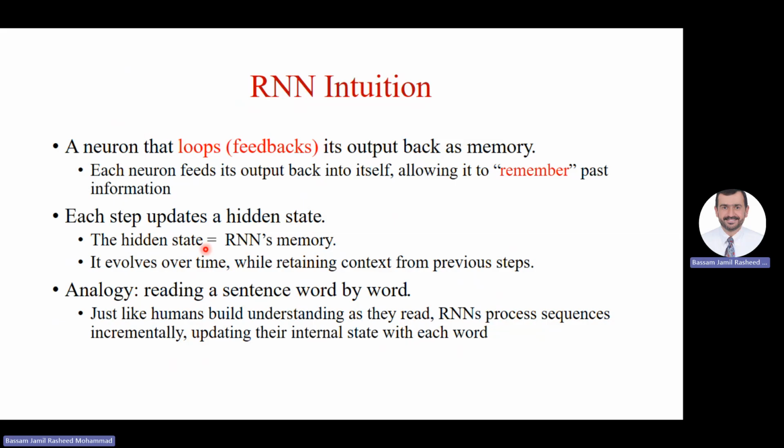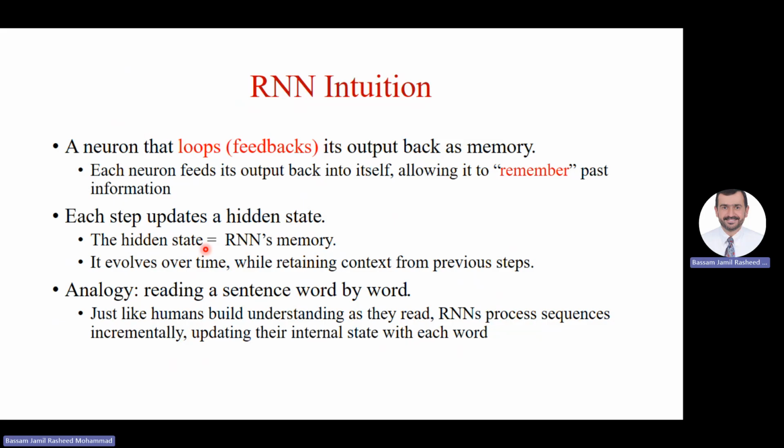Okay, so what's inside this hidden state? Simple neurons. What's the size of it? We'll talk about it in a few slides, but it could be 1 neuron, it could be 2. It depends on how complicated the sequence is that you want to capture, right?